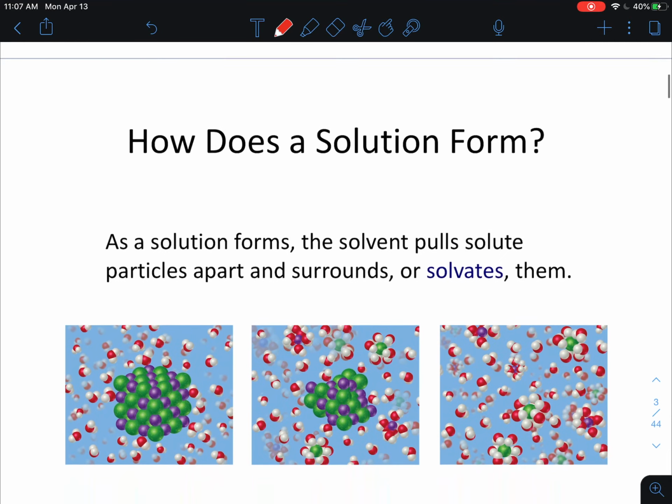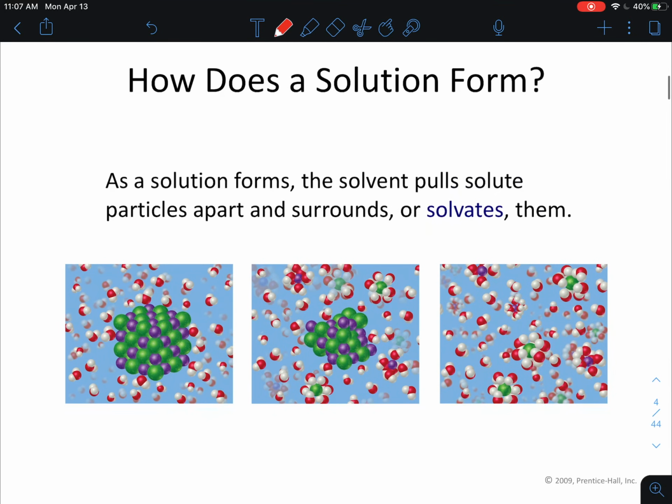When we think about what's happening in the formation of a solution, we can use this series of pictures to think about exactly what's going on. The far left picture is the same as what we started with, the solute isolated from the solvent. In the middle picture, you're starting to see solute molecules or ions getting surrounded by water molecules, and that's where we start to get the formation of a solution.